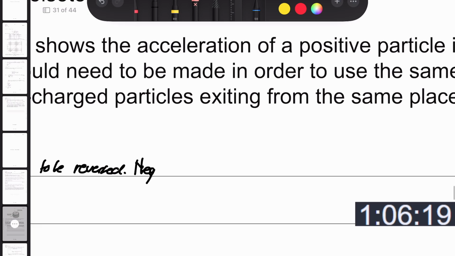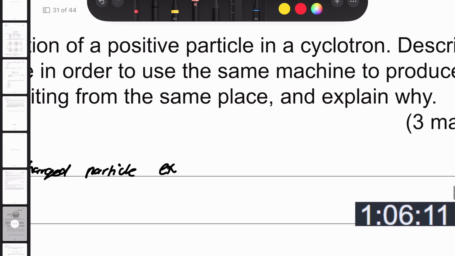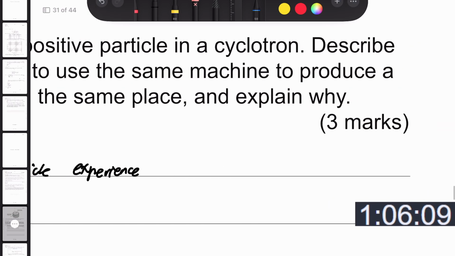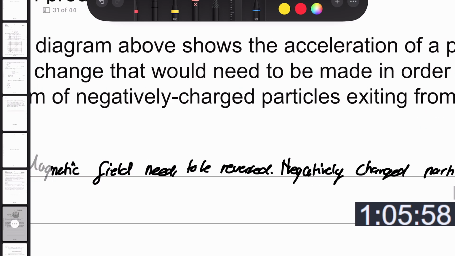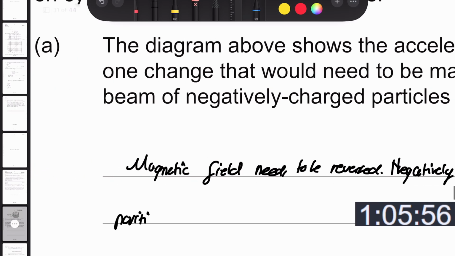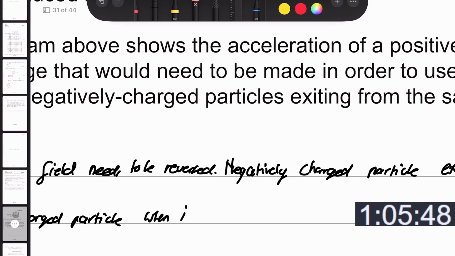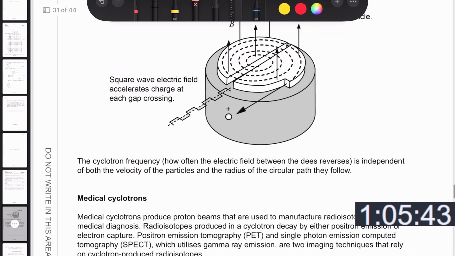Negatively charged particles experience a magnetic force opposite to that of a positively charged particle when in the same field.